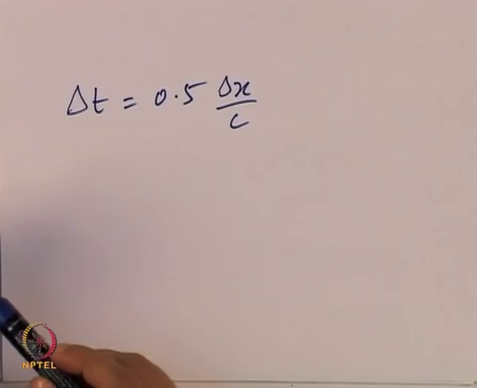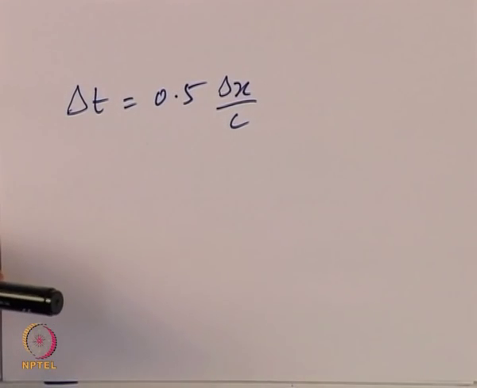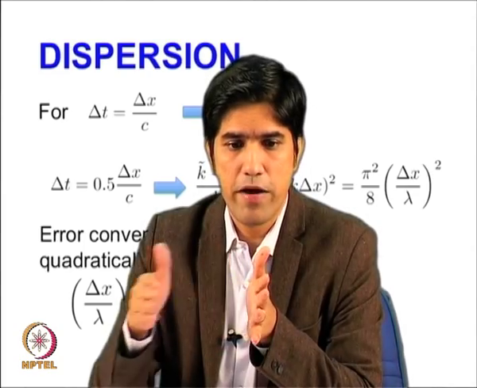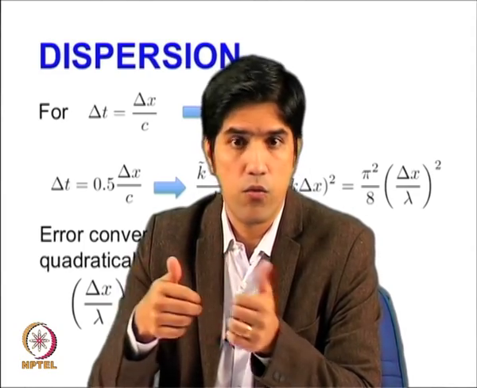But there is something that we need to pay attention to. This particular problem is only valid for the one dimensional case, because if I go to a two dimensional case, my wave propagation direction is no longer in the x direction alone. It can propagate pretty much in any direction. In a three dimensional case, it could happen that my propagation direction is in the x or y or z direction.